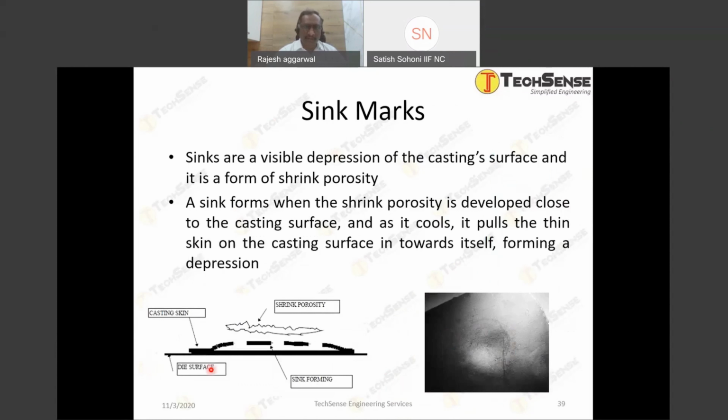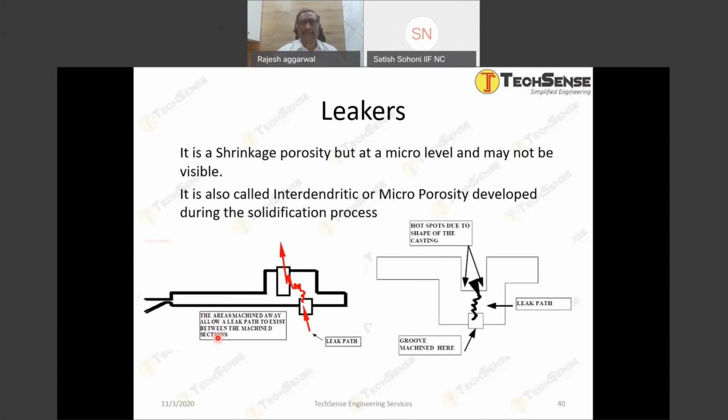So this sort of depression gets formed. Leakers: it is also a shrinkage porosity, but at a micro level and may not be visible. It is also called interdendritic porosity or microporosity, developed during the solidification process.